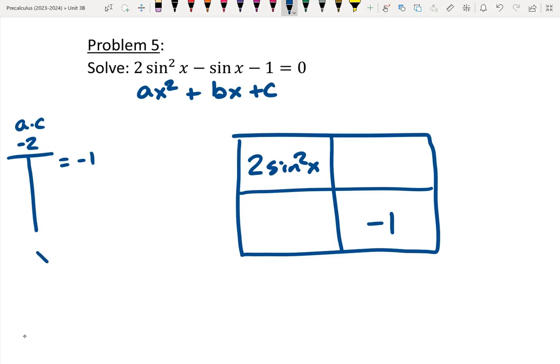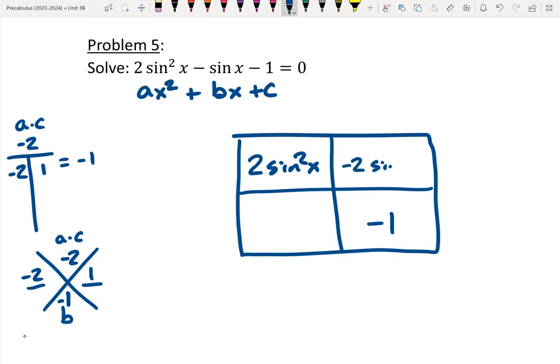Multiply to negative 2. Sometimes you guys did it on the x: a times c, and b, negative 2, negative 1. What 2 numbers multiply to negative 2 but add to negative 1? Negative 2 and 1. However you want to do it, with the table or with the x, doesn't matter. All right, then that means I have negative 2 sine of x, positive 1 sine of x, and let's go ahead and factor. So what is my GCF for the first row? What can I pull out?